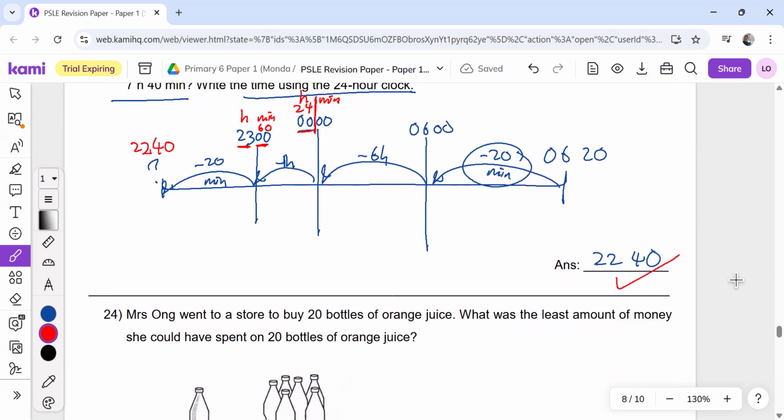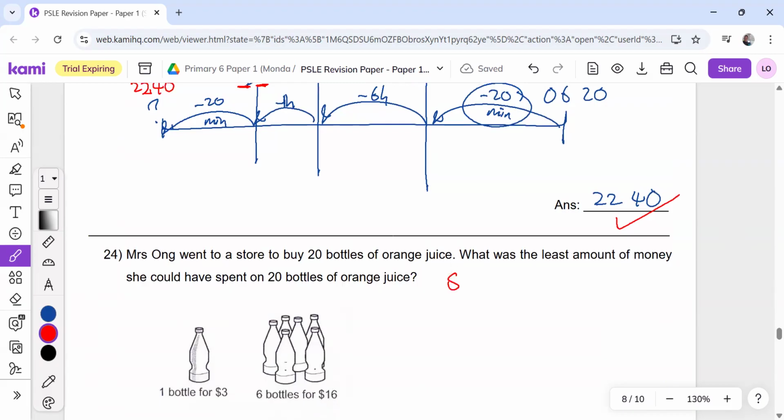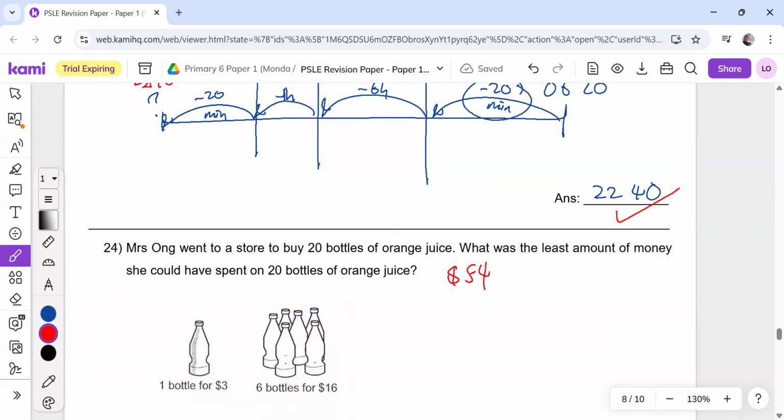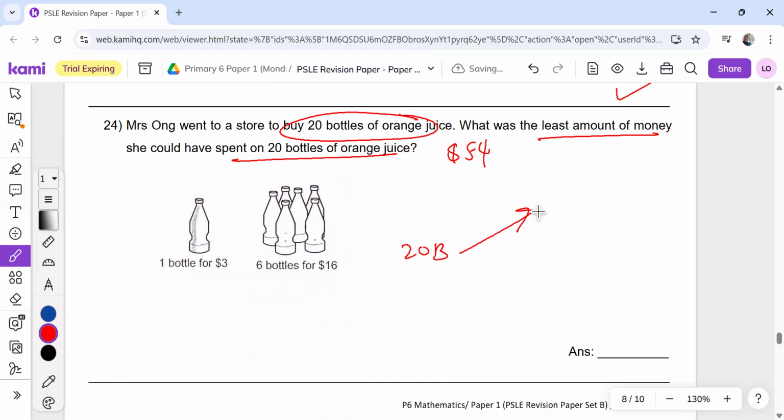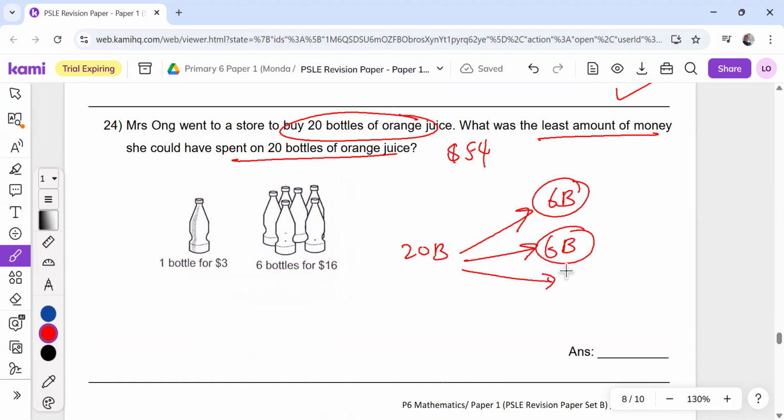All right, let's move on to question 24. Your answer will be $54. Let's see how to get it. Mrs. Ong went to the store to buy 20 bottles. What was the least money she could have spent on 20 bottles? You will need to buy in groups of 6 bottles, then you will spend less money. 6 bottles, another 6 bottles, and another 6 bottles, at $16 each group.